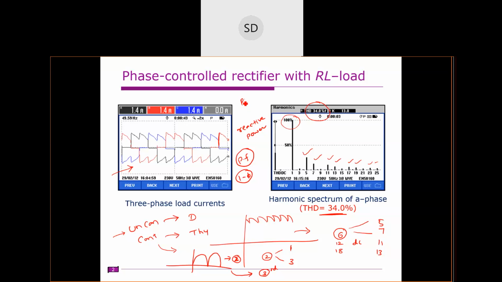One is the displacement power factor, DPF, and the other is the input power factor. What is the difference between these two? Can anyone tell? Input power factor is the product of displacement power factor and distortion factor. No, what is the physical meaning of displacement power factor?